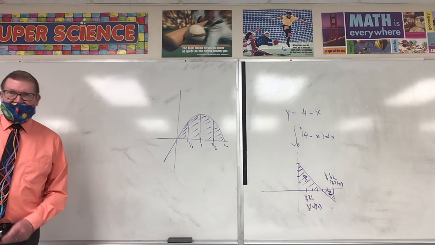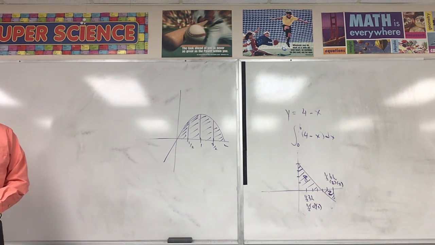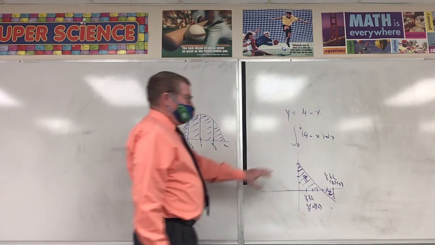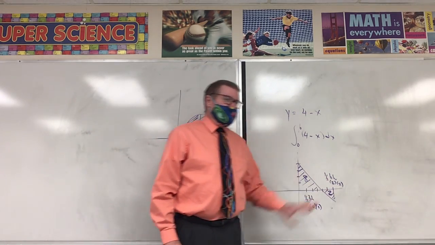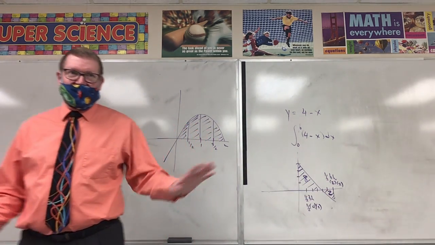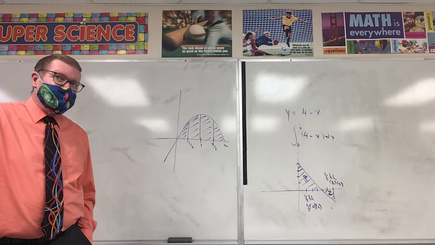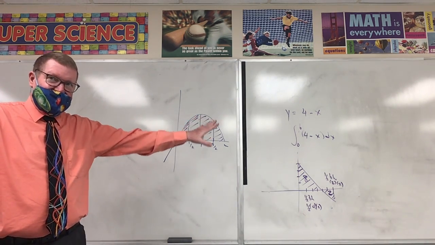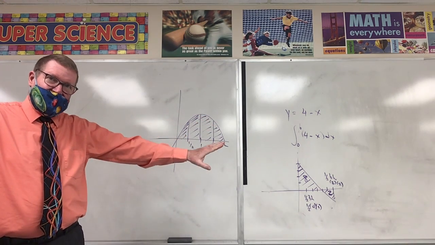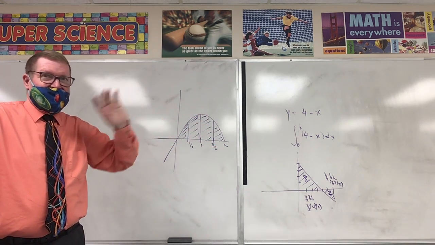Technically, the area between the curves is 10, because the area of this is 8 and the area of this is 2, so the actual area between the curve and the line is 10. But we'll talk about that. According to what we talked about the other day, below is negative, above is positive. When you add those, you get 6.